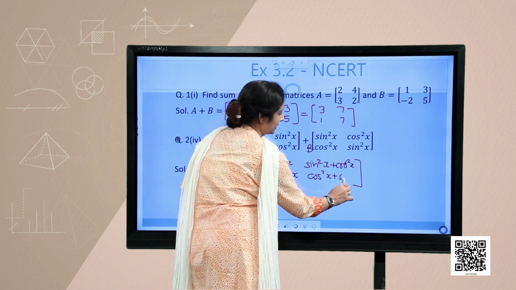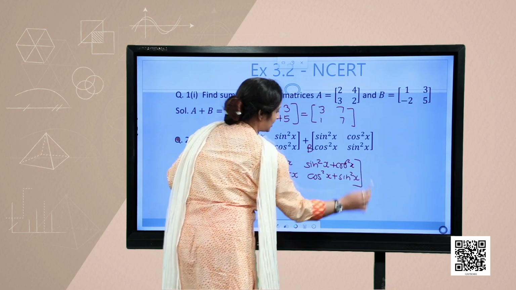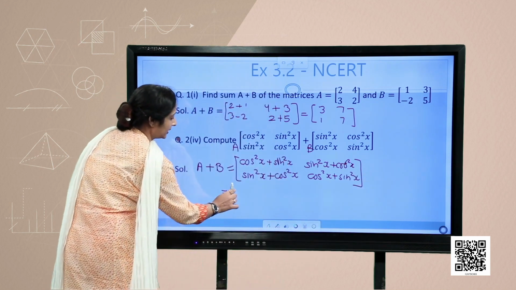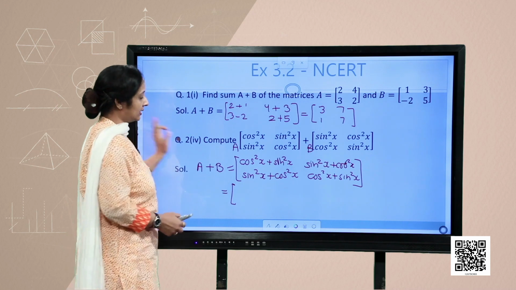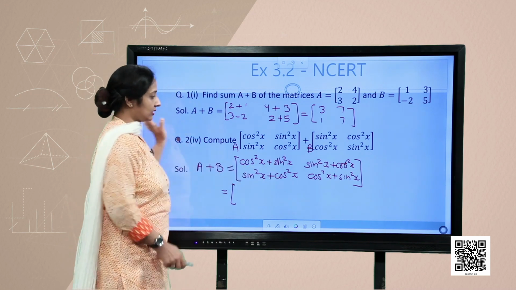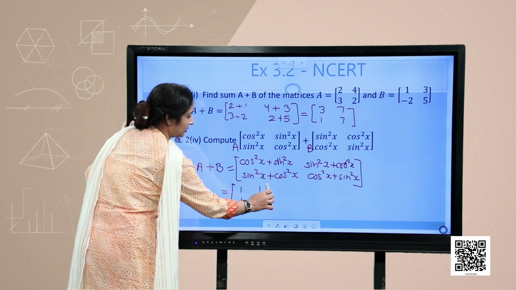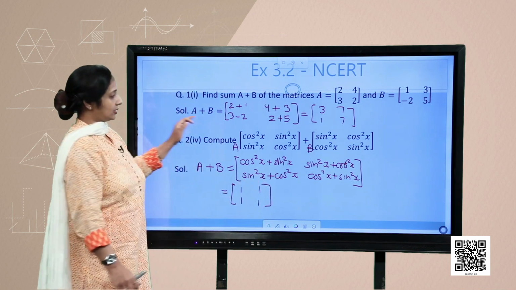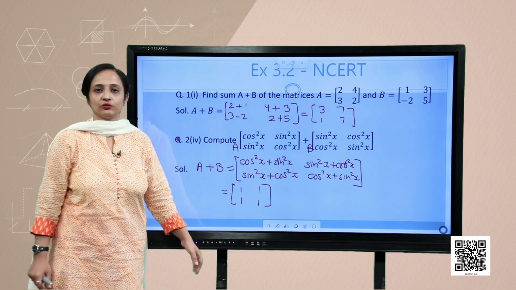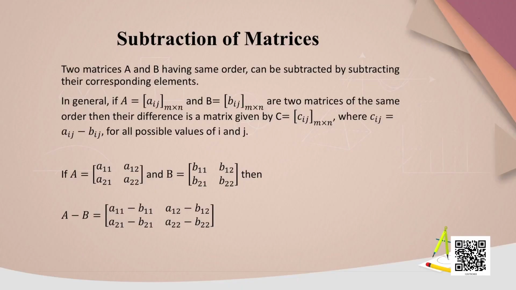So, after writing all the terms like this, you can use the trigonometric identity that cos square theta plus sin square theta is 1. So, the answer is 1 in all the 4 cases, and that becomes the answer for the addition of these matrices.